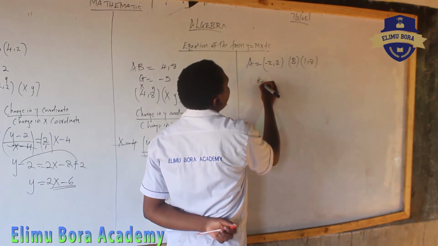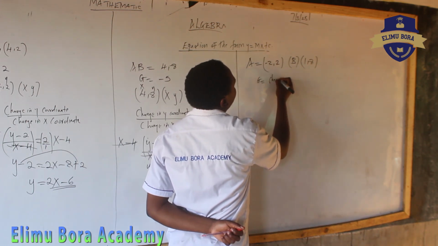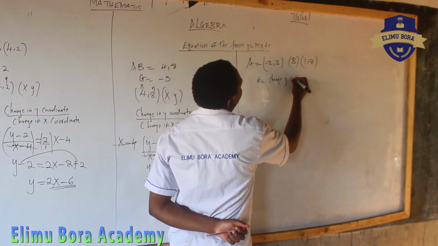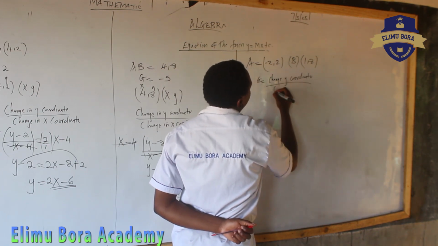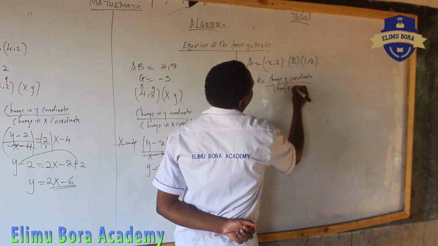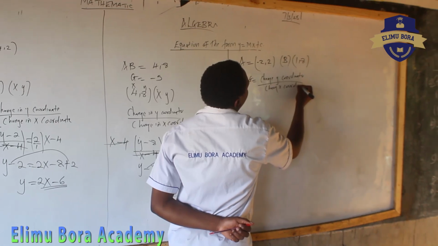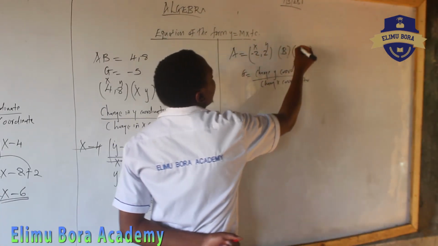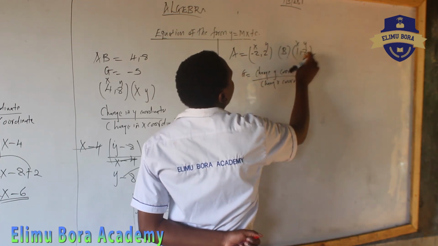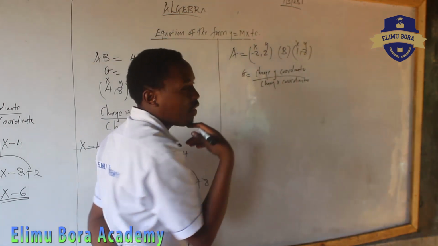The gradient is equal to change in y coordinates over change in x coordinates. So let's identify. This is x, y. And this one, x, y. So you start on the right side going to the left side.